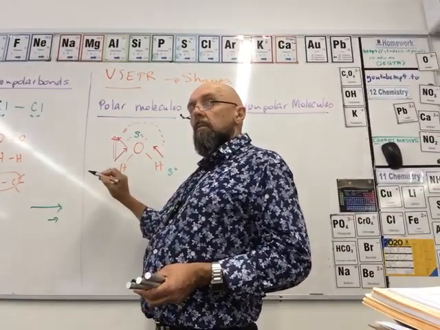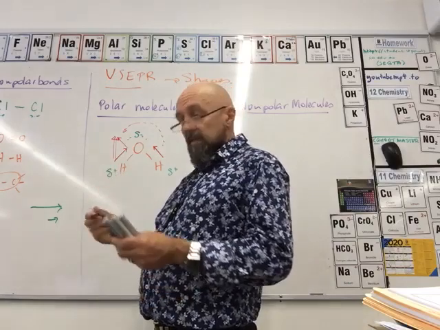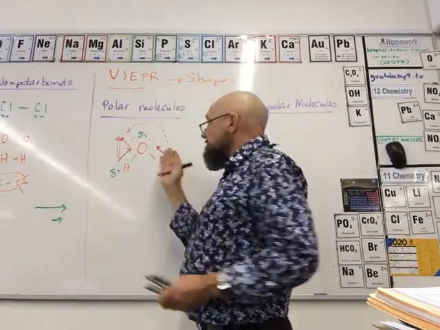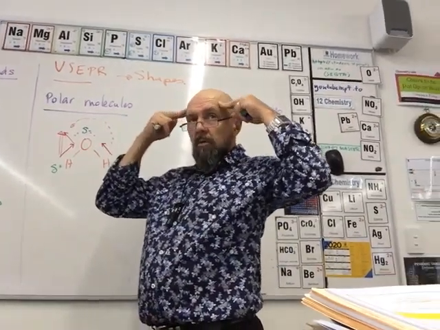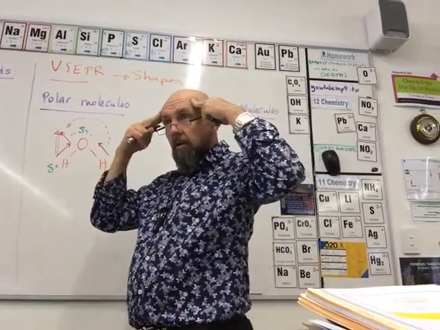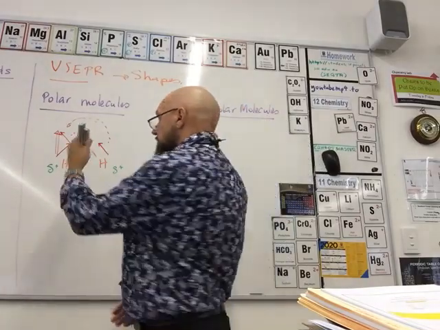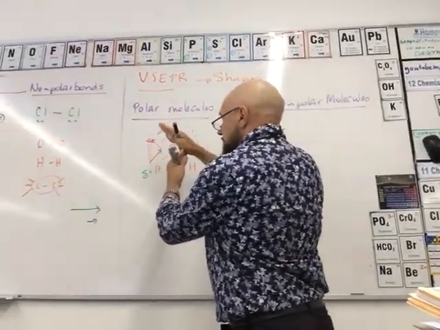Yeah, we're doing that in specials. Good, so you know about vectors, excellent, Connor. So adding vectors together helps you to understand why a molecule is polar. I hope it does anyway. So, force that way, I add them together.